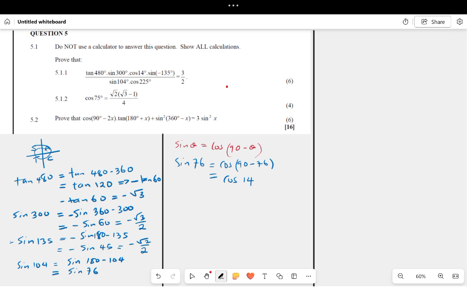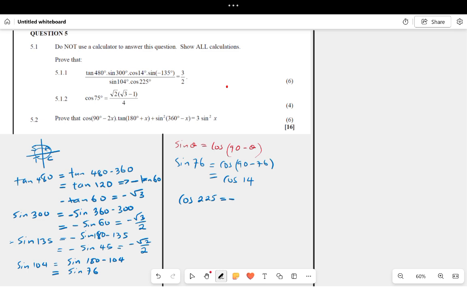All right, now our next part for the value in the denominator again. Now we have cosine 225. 225 is found in the third quadrant, and in the third quadrant, only tangents are positive. Therefore, if we are looking for the cosine, it's going to be negative.